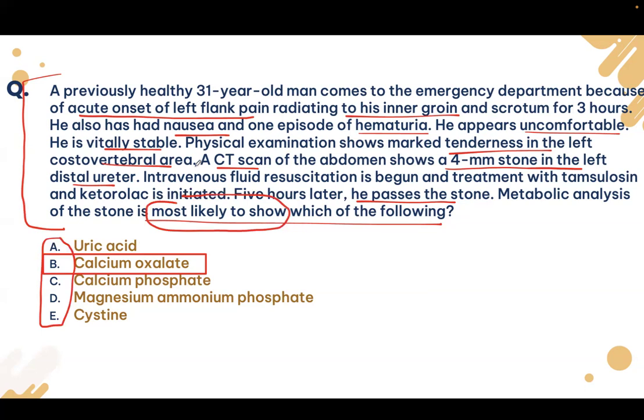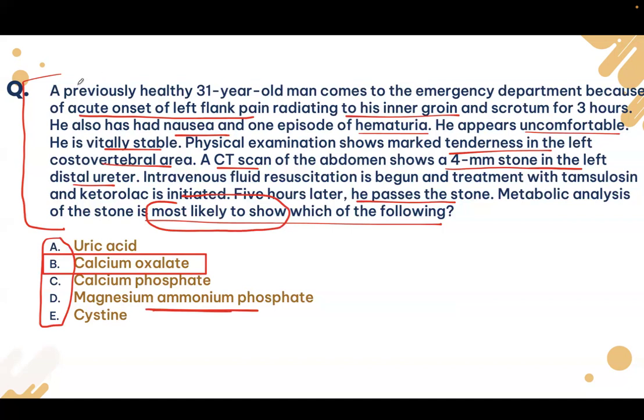So in the question you would find a patient who usually has gout, who has had flares in the past, and all of this stuff. Calcium phosphate is one of the rare causes, and it's not very commonly seen. Magnesium ammonium phosphate is what we call the struvite stone. These stones happen in patients because of an infection with some bacteria that we're going to talk about later.